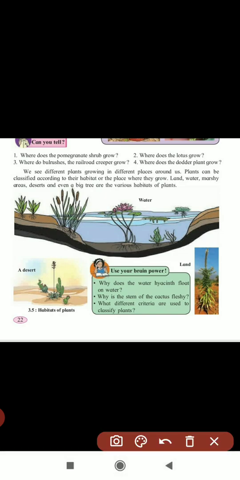Yes. Next, last, use your brain power. Why does the water anemone float on the water? Because the leaf stalk of the water anemone has an air-filled cavity, so air sacs are present which help them to float on the water. Why is the stem of a cactus fleshy?